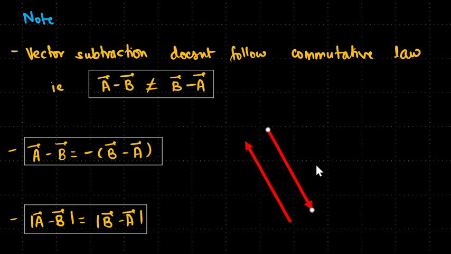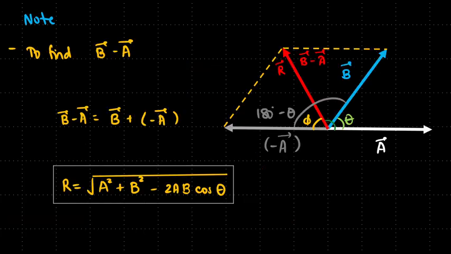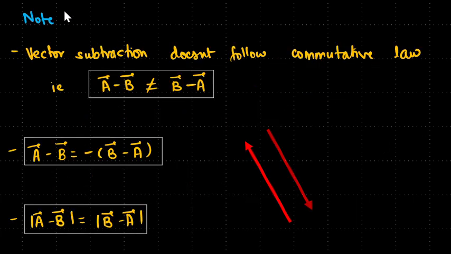So let's create this just in case you want to see it. Let's change the color of this one. This one is b minus a. So this resultant is vector b minus vector a, whereas this one is vector a minus vector b.